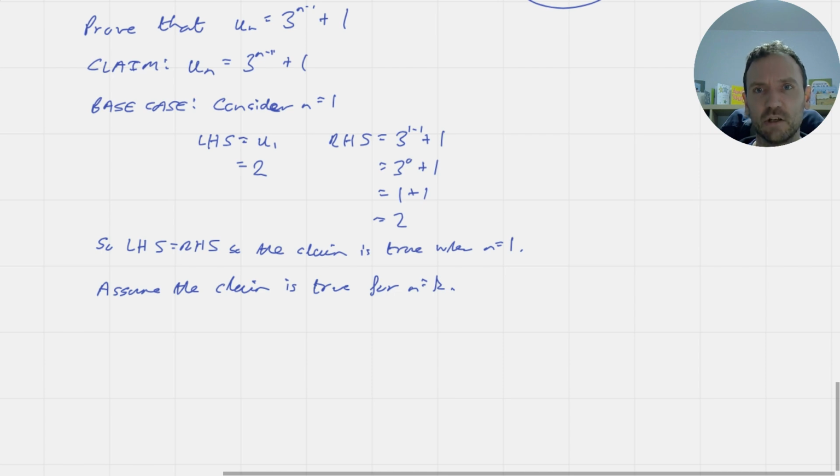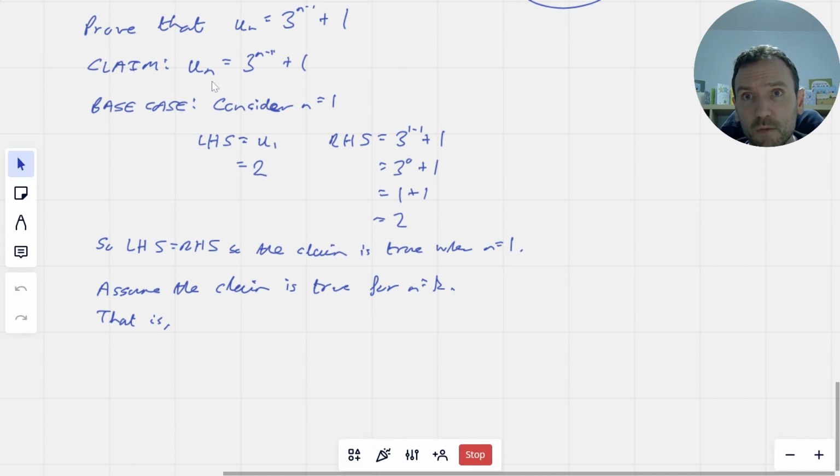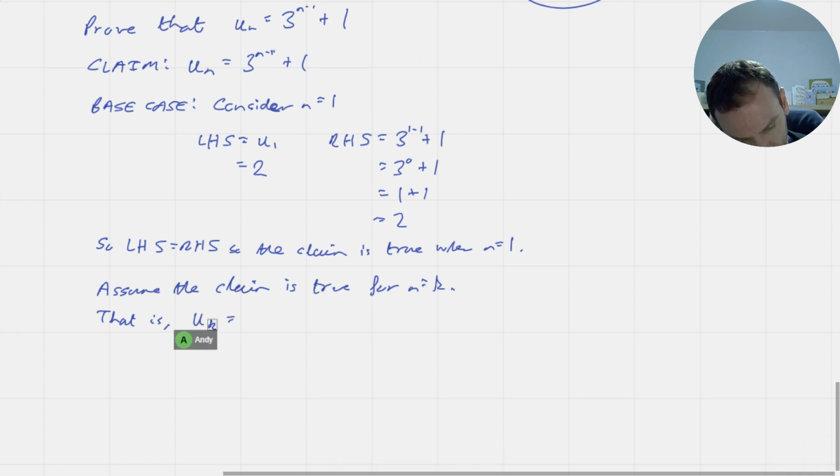Here we're assuming something about the veracity of our claim for this given value of n. Let's say very explicitly what I mean. What are we assuming? Well, that's if we replace n with k in our claim. So we're assuming that u_k is equal to 3^(k-1) plus 1.